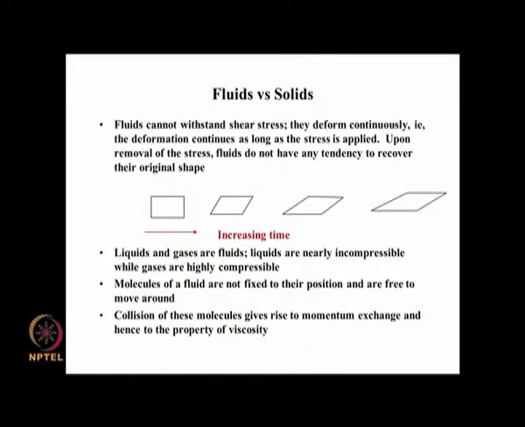Whereas in the case of liquids, as shown in this slide here, if you consider an initially rectangular fluid element, we can mark points A, B, C, D within the fluid continuum, separated in such a way that if you draw straight lines through them you will have a rectangle at time equal to 0, when you start observing.